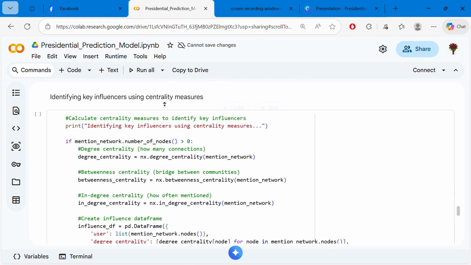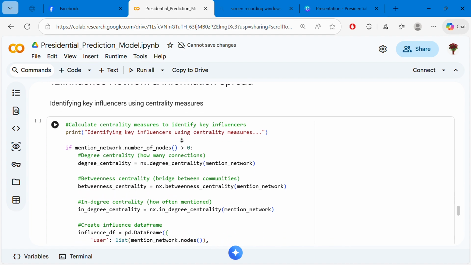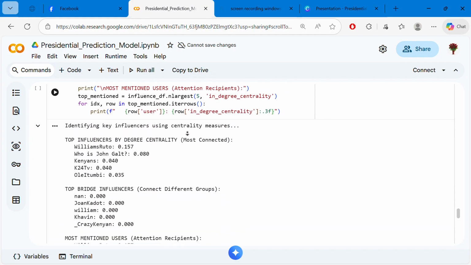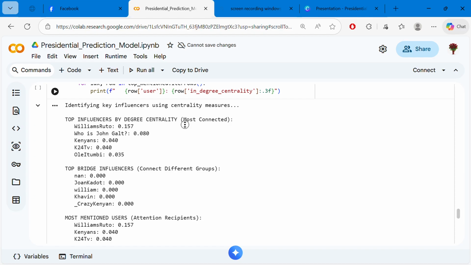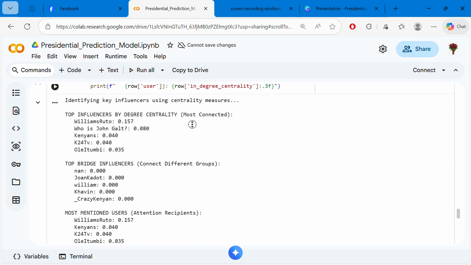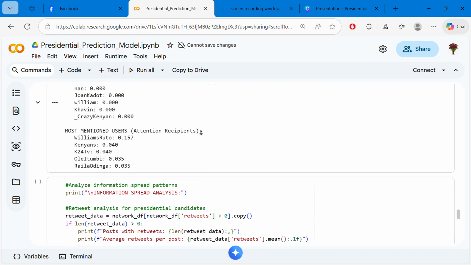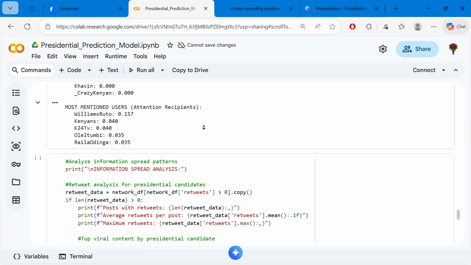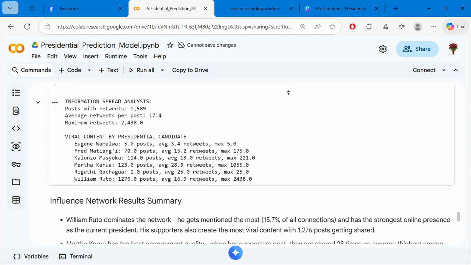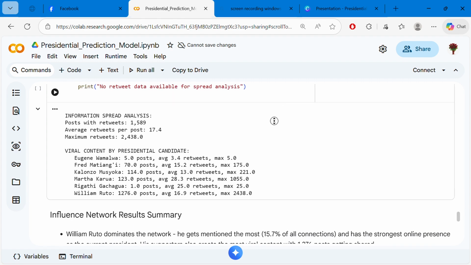The influence network and information spread were calculated using betweenness. The top influencers were John Galt from K24 TV and Ole Itumbi, who were most connected with William Ruto. K24 TV was a major node for William Ruto.